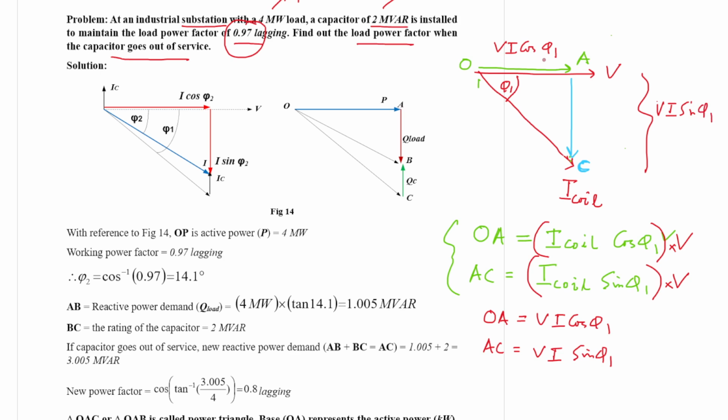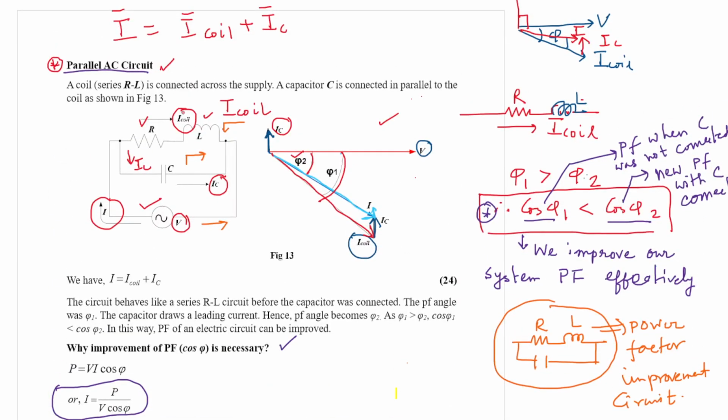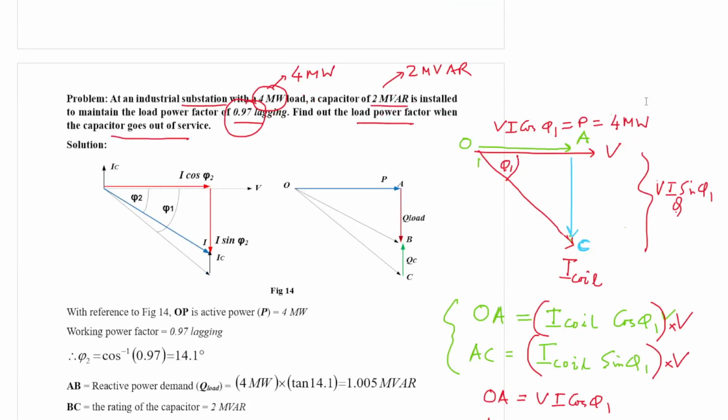Now V into I cos phi 1 is nothing but active power P, which in our problem is equal to 4 megawatt. And AC in our problem is VI sin phi, it is nothing but Q, that is the reactive power demand of the coil. In contrast with the previous theory, this is the coil. So in this case it is the substation.